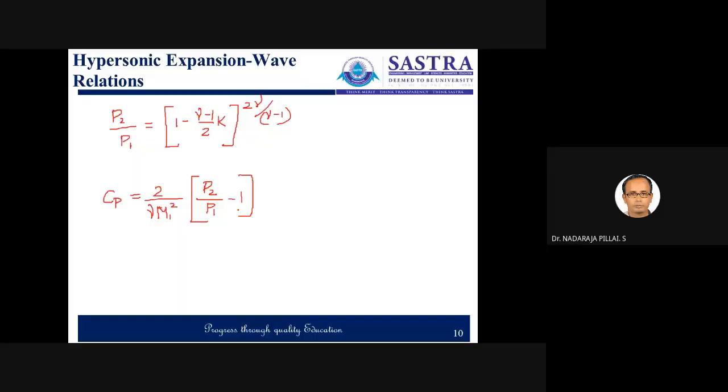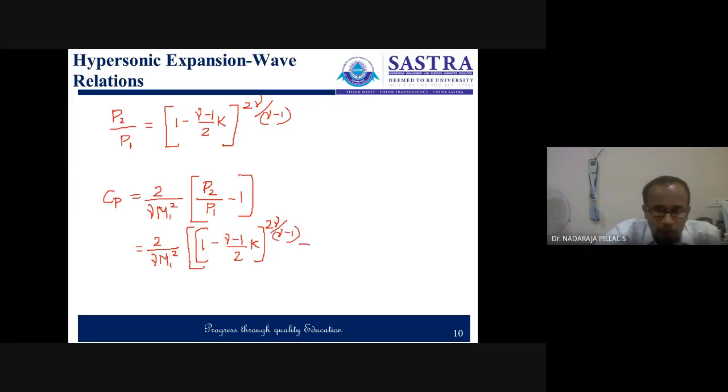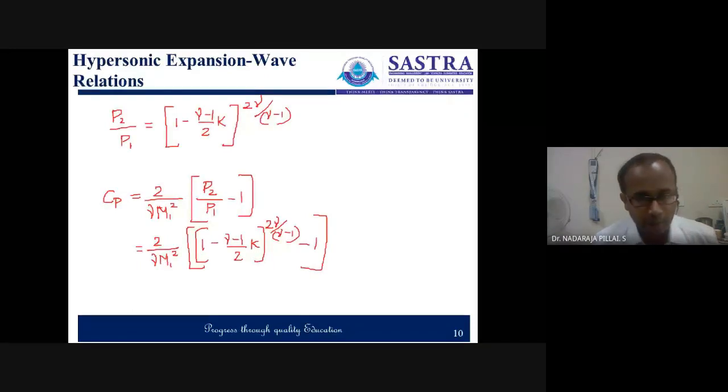So this becomes 2 by gamma M1 squared into 1 minus gamma minus 1 by 2 K, the whole power 2 gamma by gamma minus 1, minus 1.